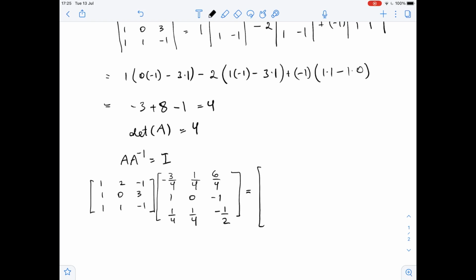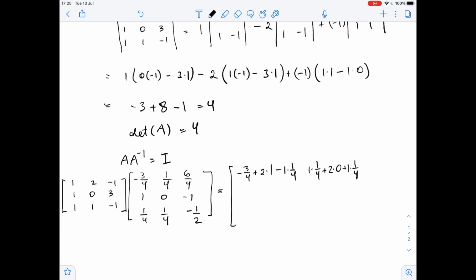so here we get 1 times negative 3/4 plus 2 times 1/4 times 1 minus 1 times 1/4. Next, 1 times 1/4 plus 2 times 0 plus 1 times 1/4.